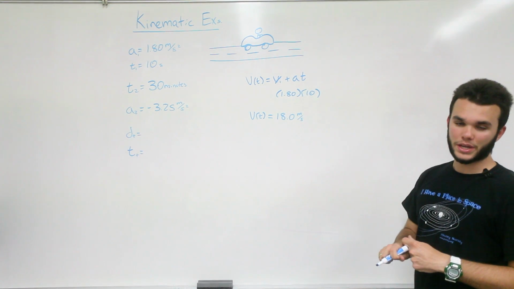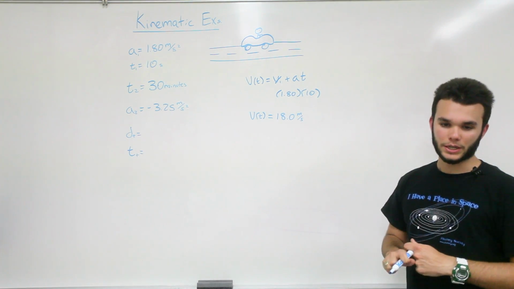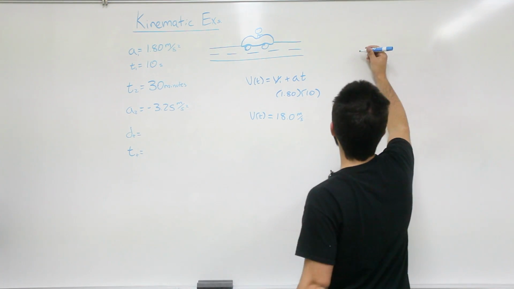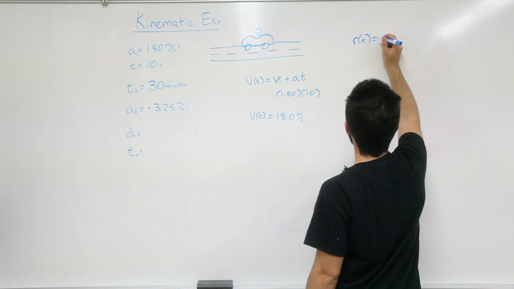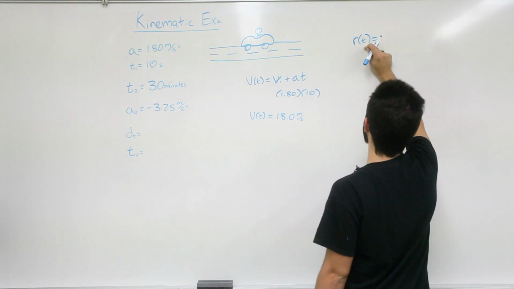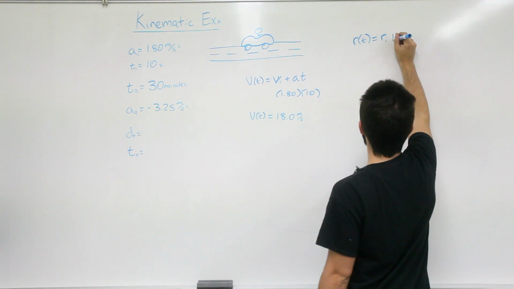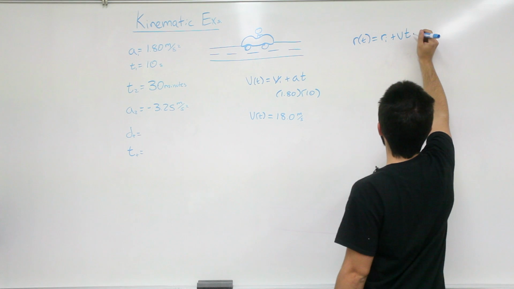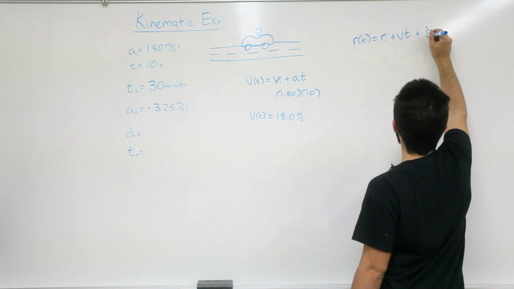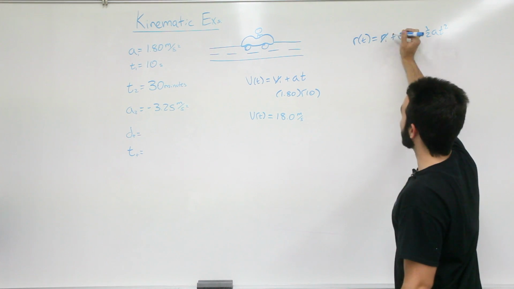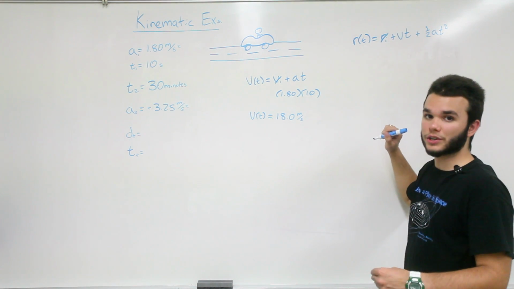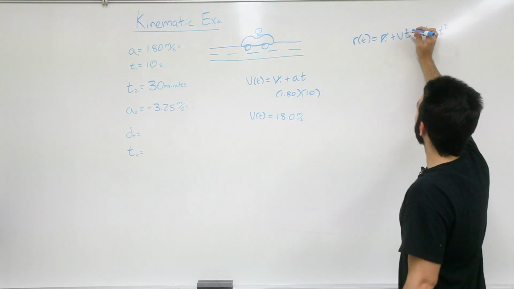For that one, we can use equation number 3, which states that distance at some time is initial distance plus velocity times time plus 1/2 at squared.